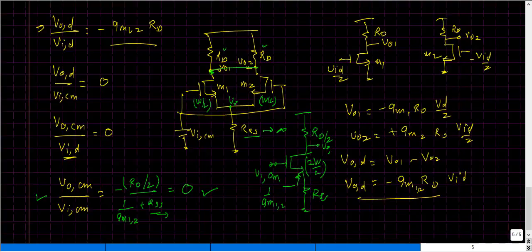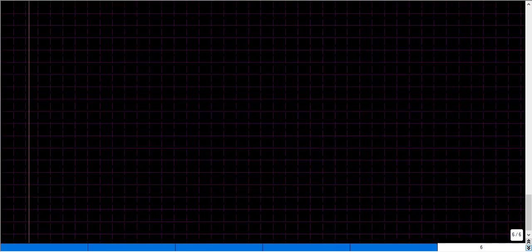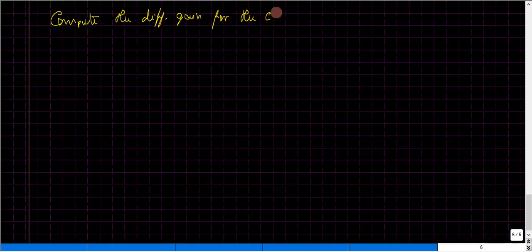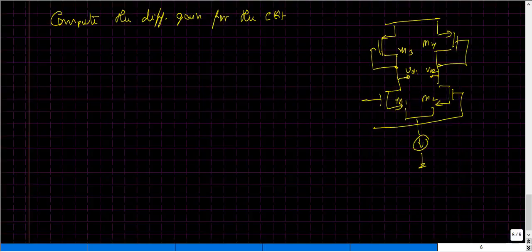Now let us do some analysis for the circuit shown below to help us understand the above circuit. So you need to compute the differential gain for the circuit. So let me first try to draw the circuit. Yeah. So to compute the differential gain, that is the question that has been asked here. First, check whether the circuit is basically symmetric.